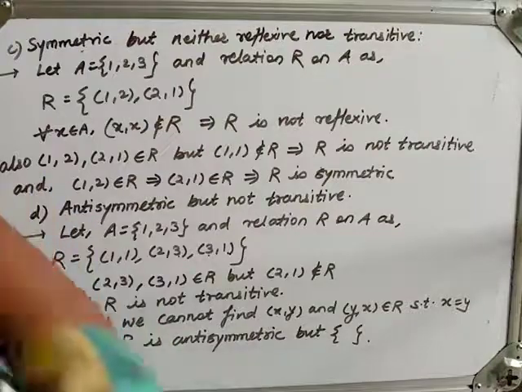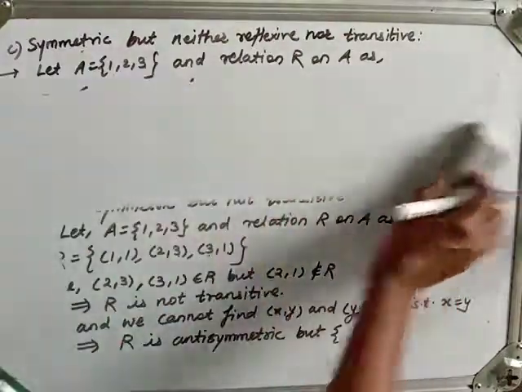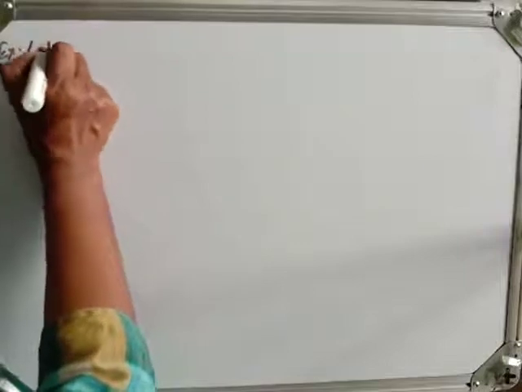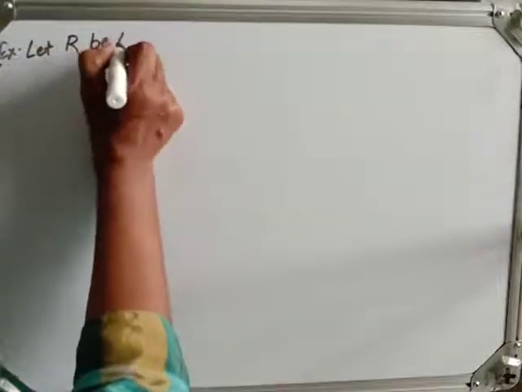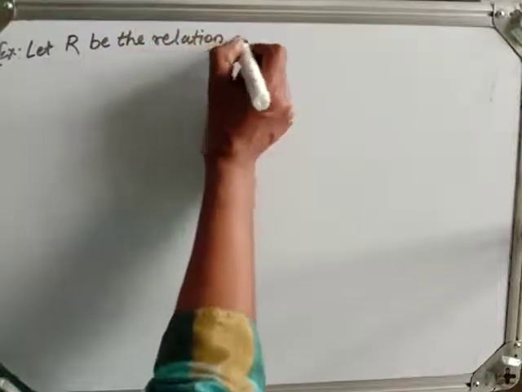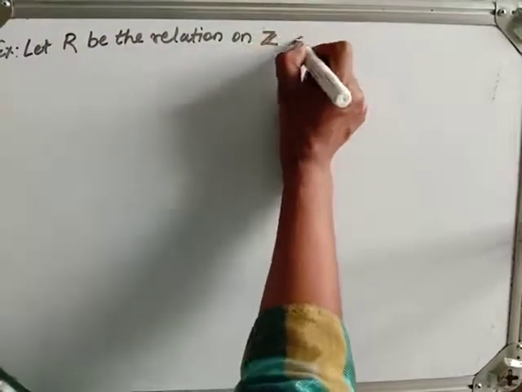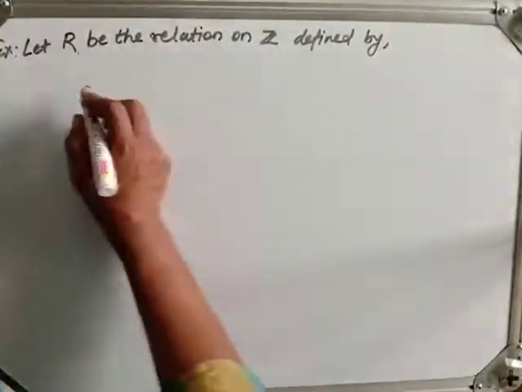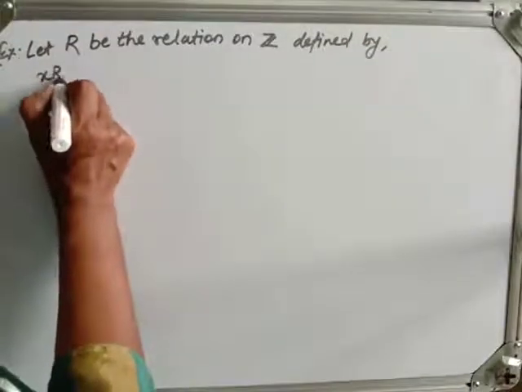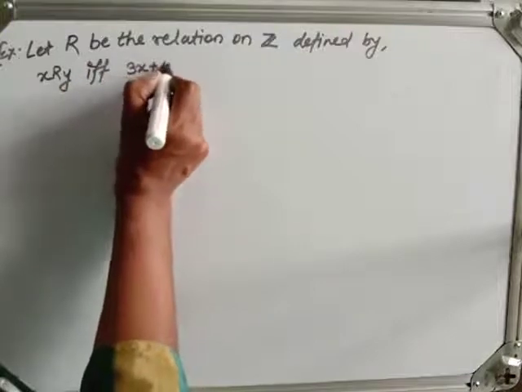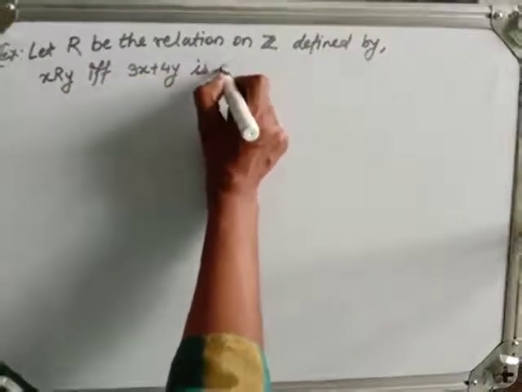Now let us see the next example. Let R be the relation on the set of integers Z defined by x related to y if and only if 3x plus 4y is divisible by 7.